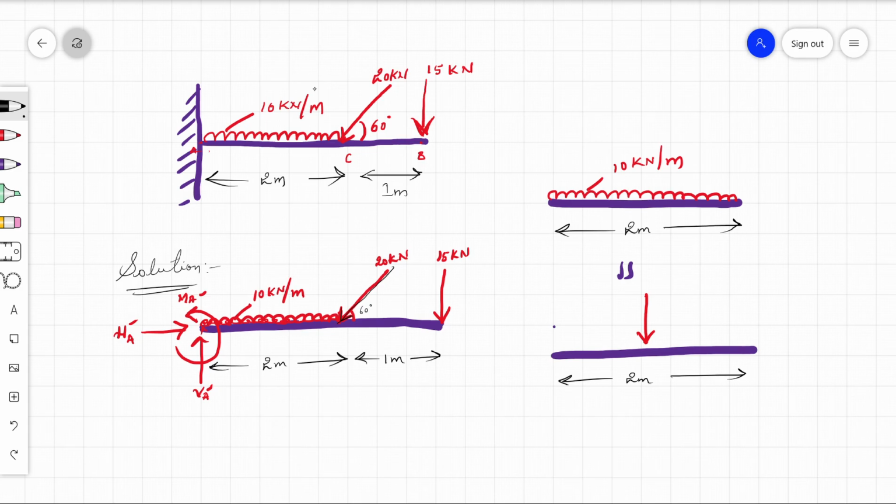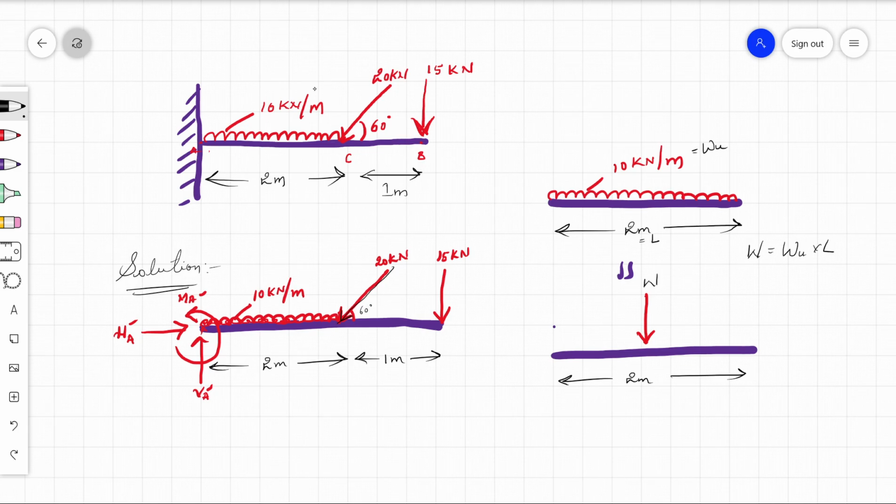We have the formula W is equal to Wu into L, where Wu is this, W is this, and this part is L.